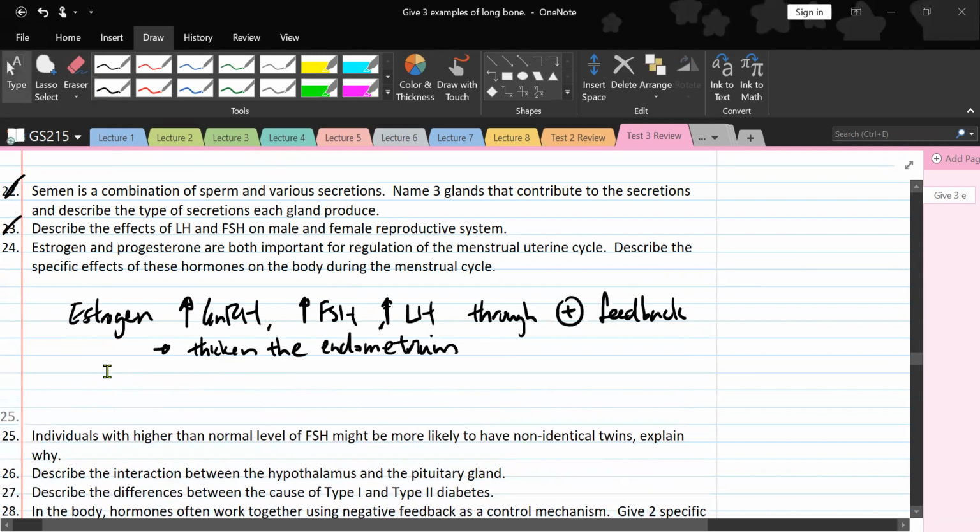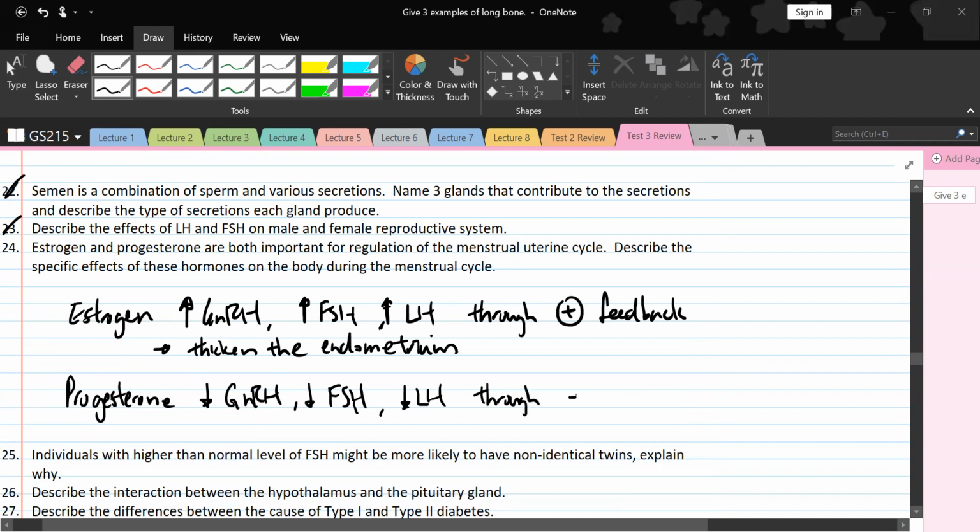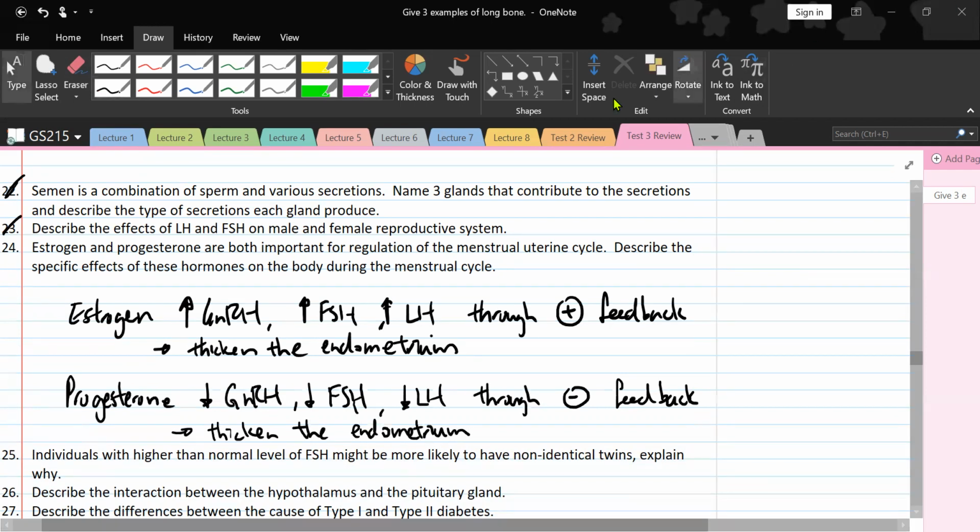And progesterone, in a way, is kind of opposite. It will decrease GnRH, decrease FSH, decrease LH through negative feedback. And then it will also thicken the endometrium.